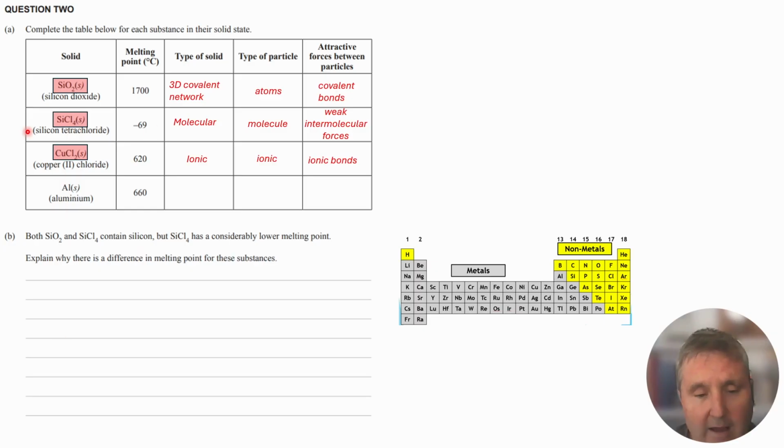The last one we have here is aluminium. Now it's only one type of atom, but that's fine. We can see that aluminium here is a metal. So it is metallic. It's made up of metal particles. But remember, with metals, it's metal atoms and delocalized electrons. So when we do metals, we always need to state the delocalized electrons as well.